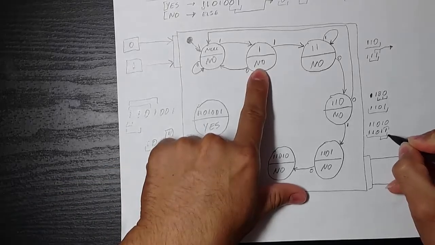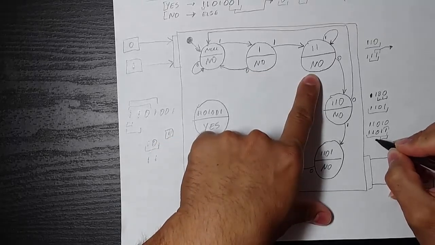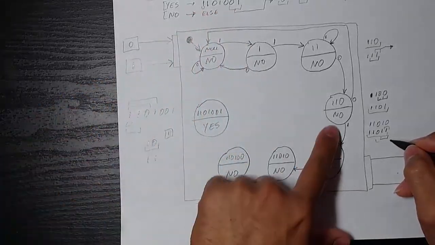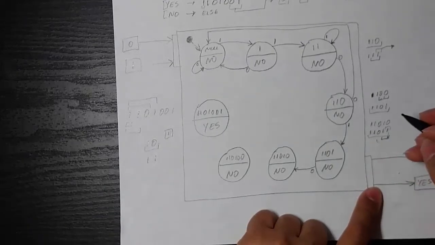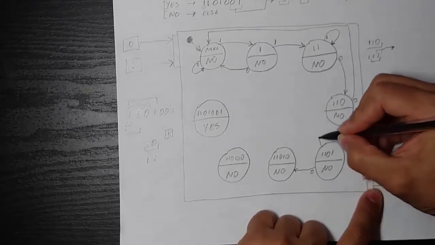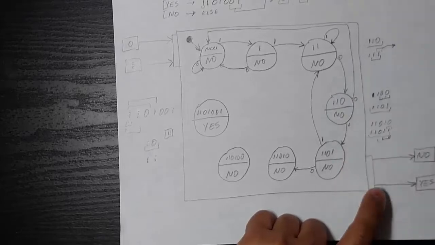We can say 1 1 and go here. What if I save 0 1 1? I can't, because nothing before this is 0 1 1. So the most I can save is 1 1, and that is the one we choose. So let's go back here now, when I get a 1.